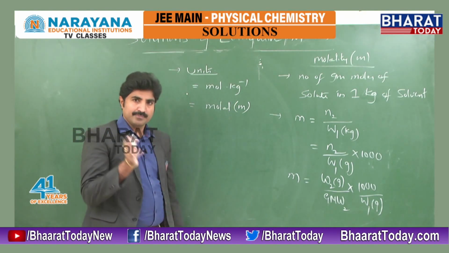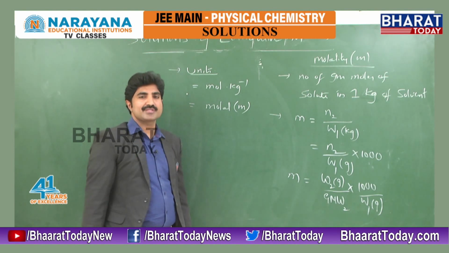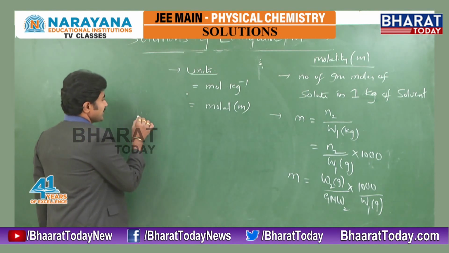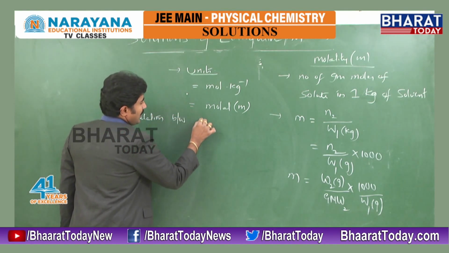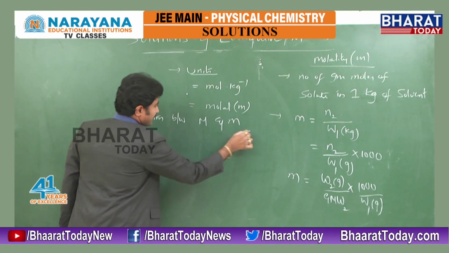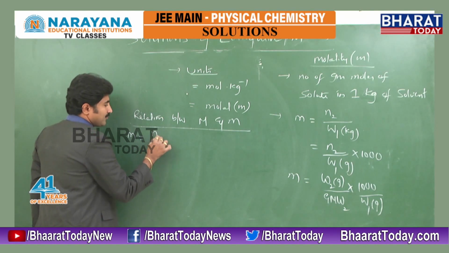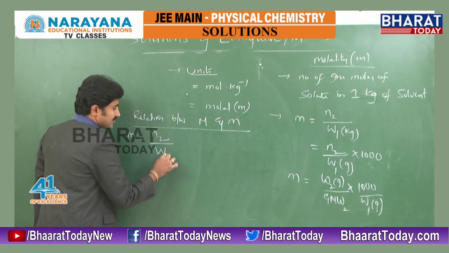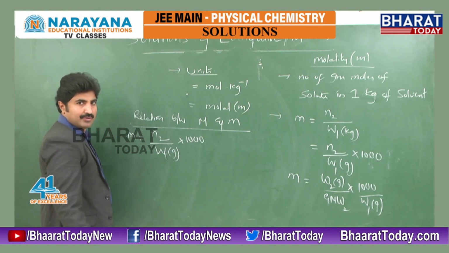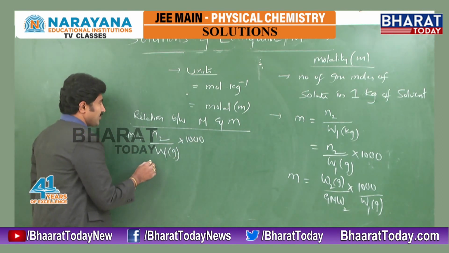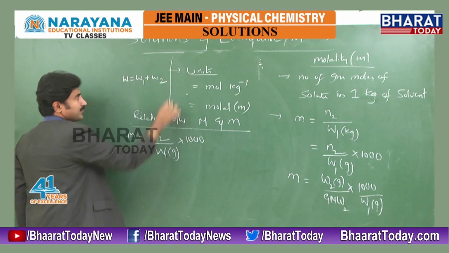Like the previous concentration methods, molality is also related to other concentration methods. See the relation between molarity and molality. We know molality is number of moles of solute by weight of solvent in grams into 1000. But we know weight of solution W is equal to W1 plus W2.